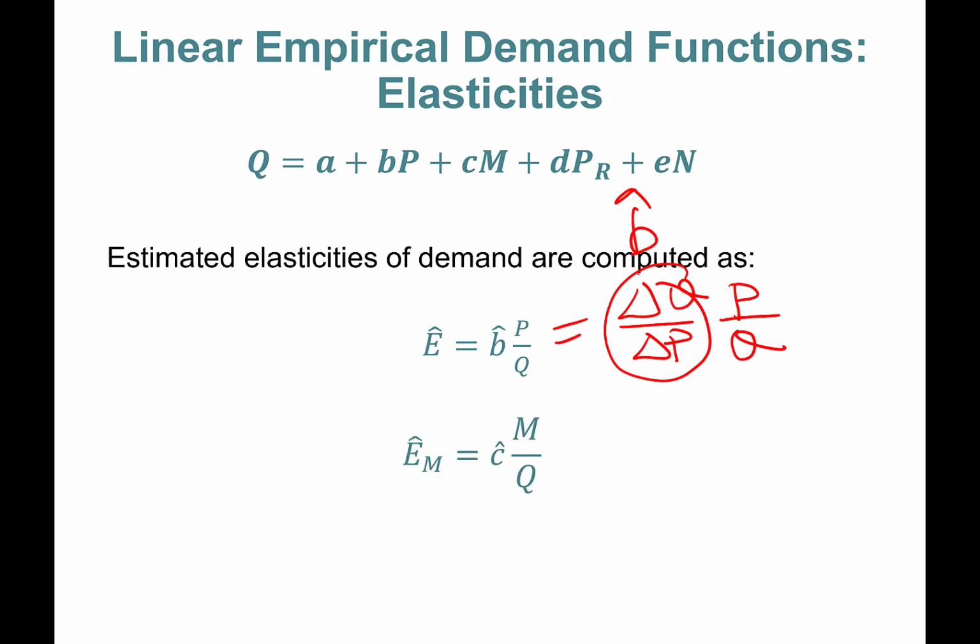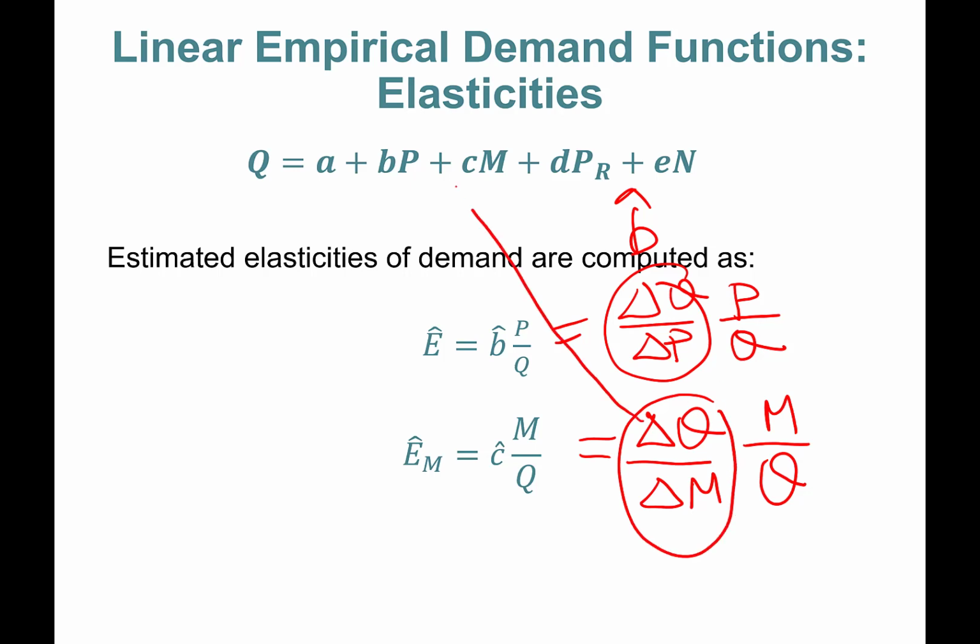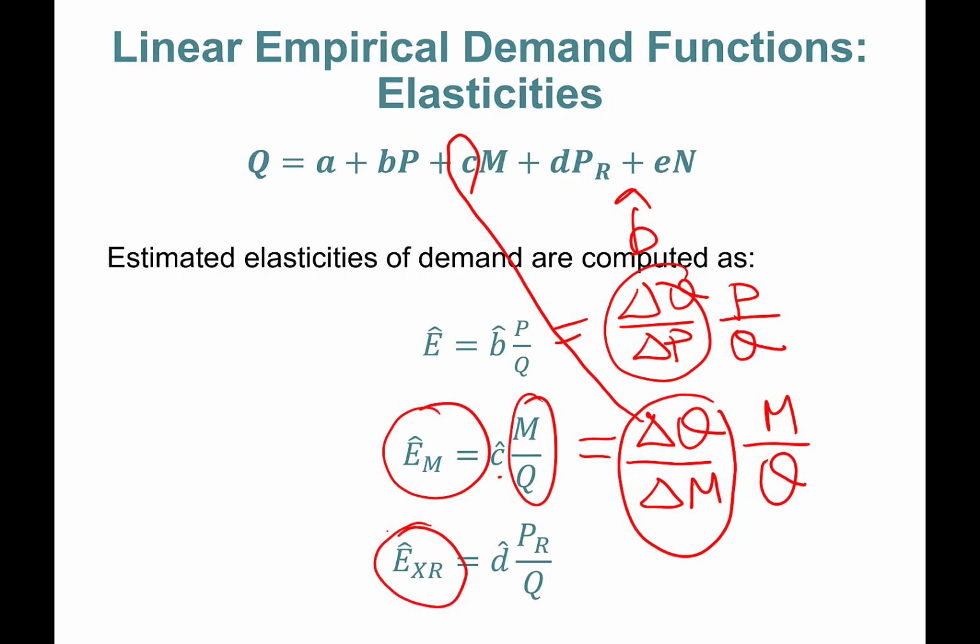Interesting. How about income elasticity of demand, right? Income elasticity of demand, by the same token, is change in quantity divided by change in consumer incomes, times income divided by quantity. So this is delta Q over delta M, boom, C. So estimated income elasticity of demand will be equal to C hat times M over Q. And estimated cross price elasticity will be, right, change in quantity divided by change in price of the related good, times price of the related good over quantity.